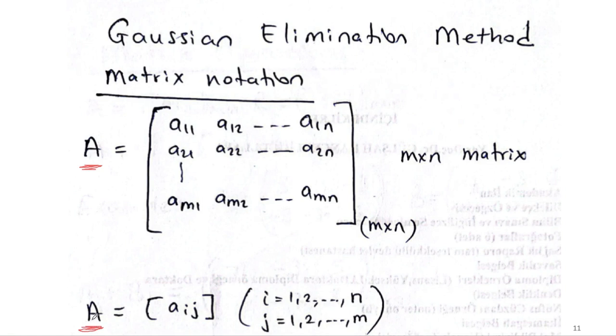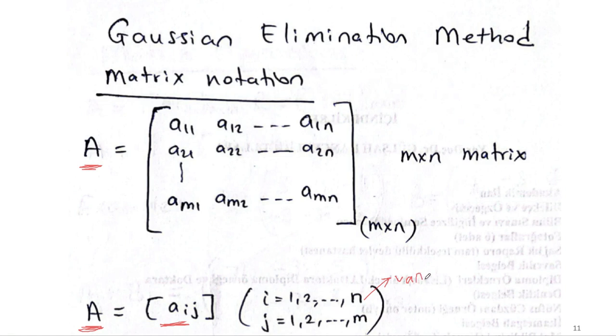The element of this coefficient matrix A is represented by Aij terms. Of course, the index j here represents the 1 to n, basically, we have n number of variables, and we have m number of equations.